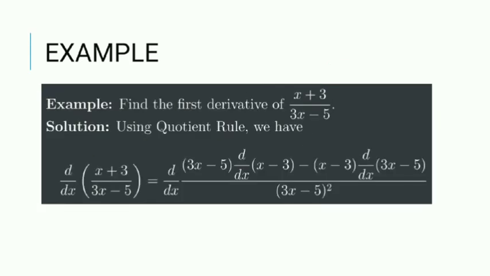Next example, we wish to find the first derivative of x plus 3 over 3x minus 5. Notice that this is a quotient, so in order to solve the first derivative of this, we are going to use the quotient rule.